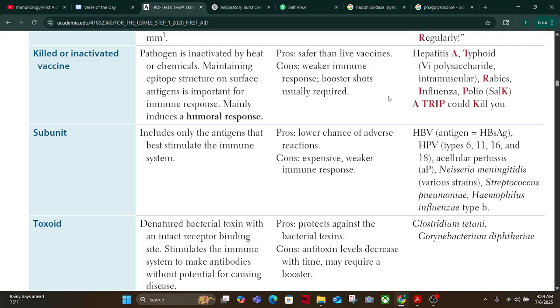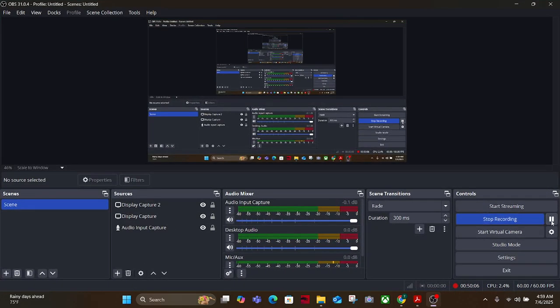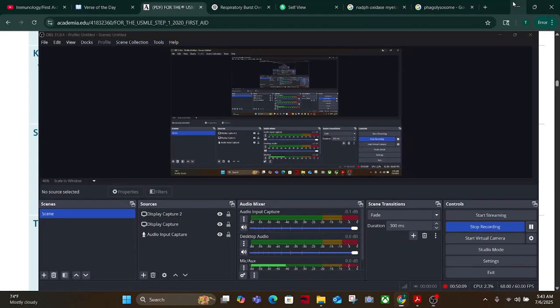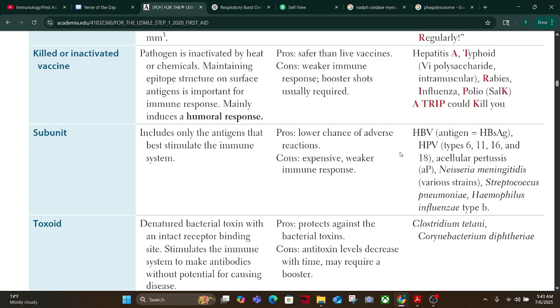So the antibody will be bound to HBsAg. So what that means is HBsAg is the hepatitis B surface antigen that is a viral envelope protein found on the surface of hepatitis B virus, and it is through this HBs antigen that hepatitis B virus enters the liver.